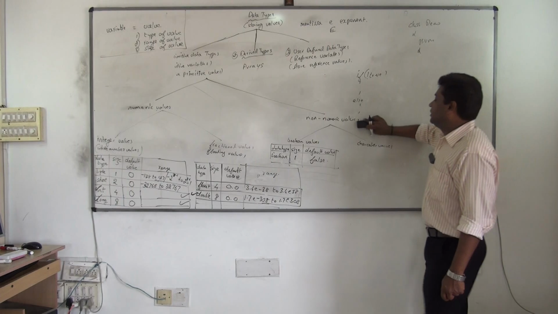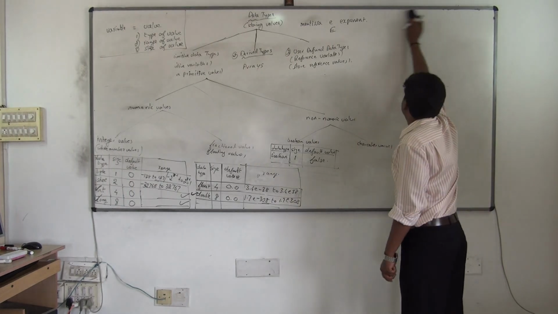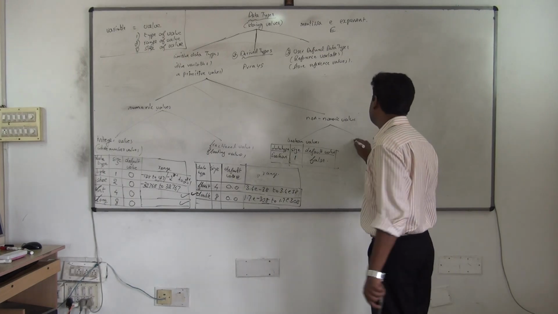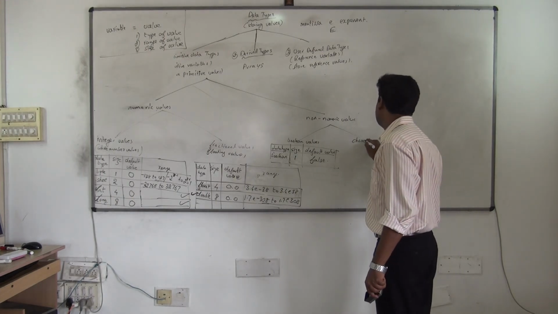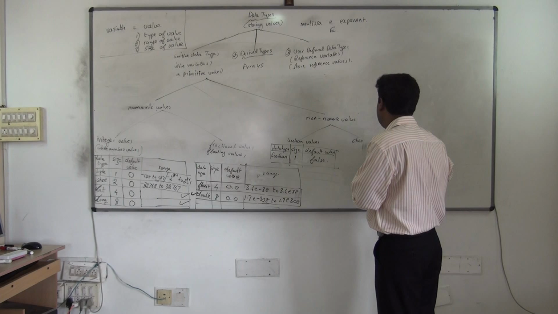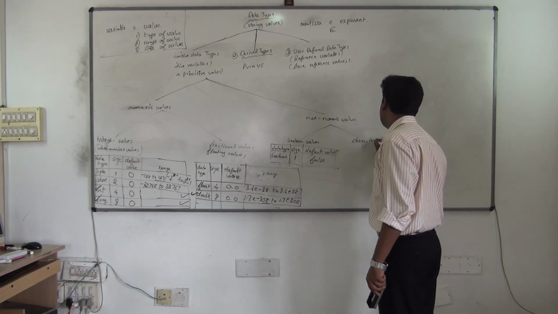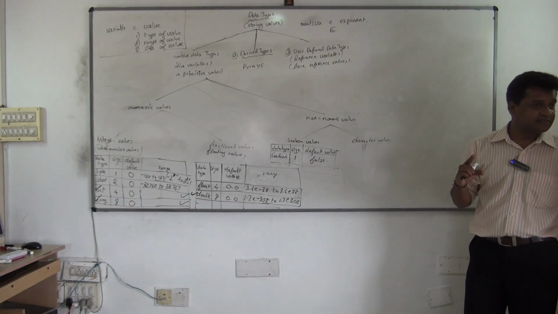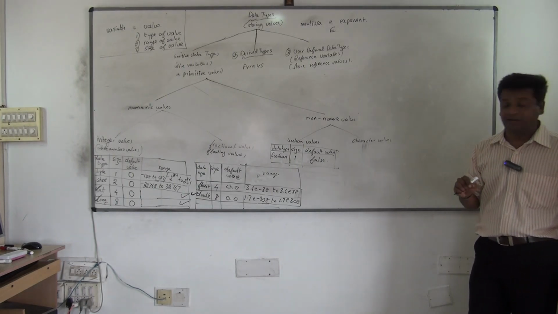So Boolean is over. Last now, character values. See, one more type of value comes now. The last value is called character values. First of all, what are characters? Anything in single quotes is called characters.